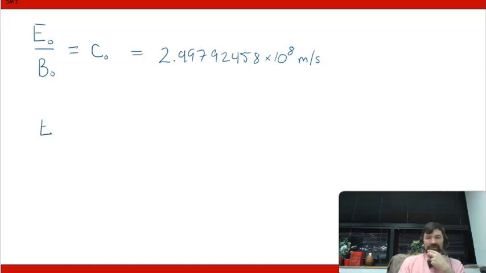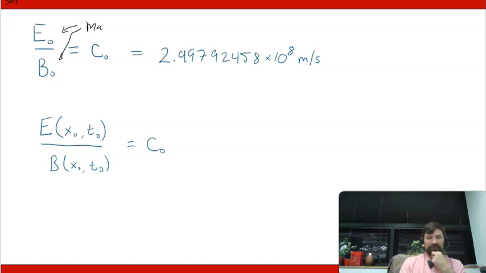So E of, let's say, x naught t naught divided by B of that same x naught t naught will also equal c naught. Okay, so these are the max values. Then these down here would represent value at any given position in time.